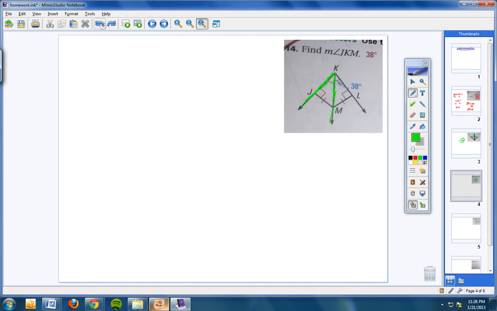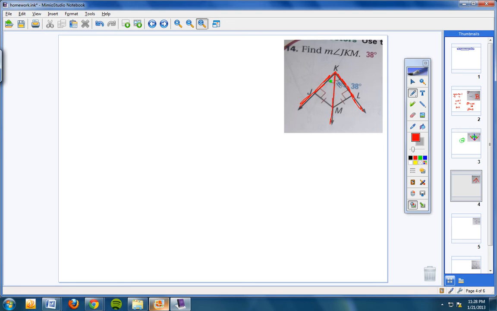Now watch and see if this makes sense. A little difficult, but you can do this. We're trying to find this angle right here with the green dot. Do you see how I've got a big angle? And then notice we have a bisector right here.